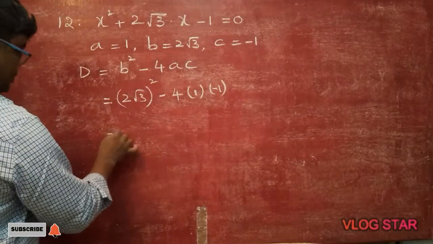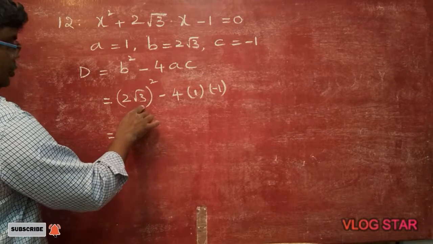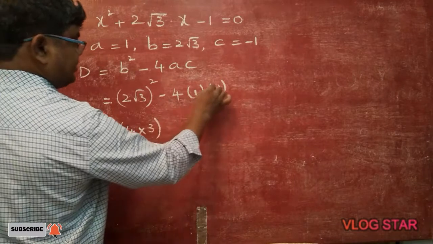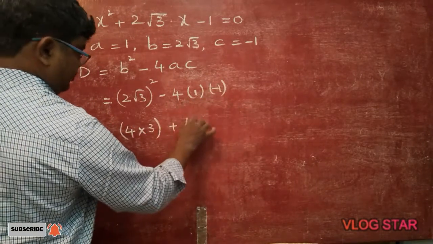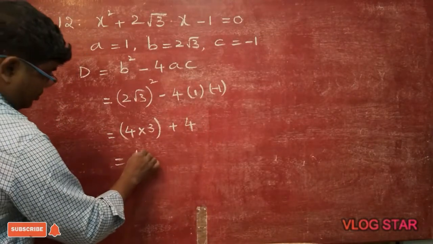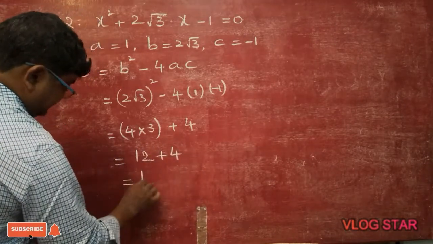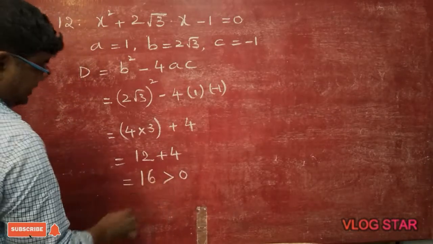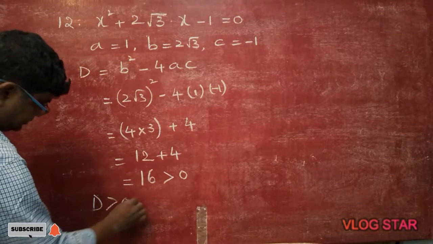Minus 1. 2 2s are 4 into root 3 into root 3, 3. Keep it in one bracket. Minus into minus plus. 4 1s are 4, 4 1s are 4. 12, 4 3s are 12. 12 plus 4, how much? 16. 16 is what? Greater than 0. So D greater than 0 means what?